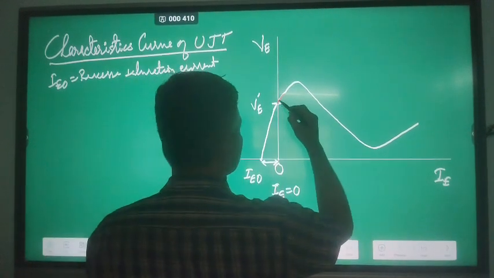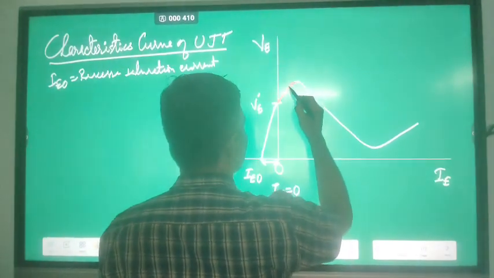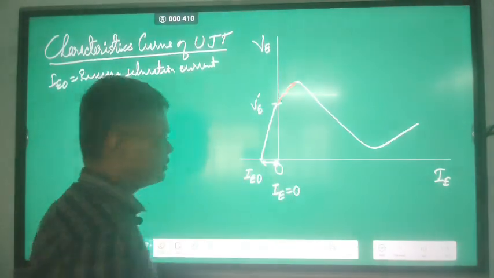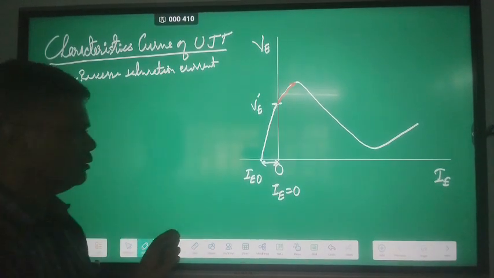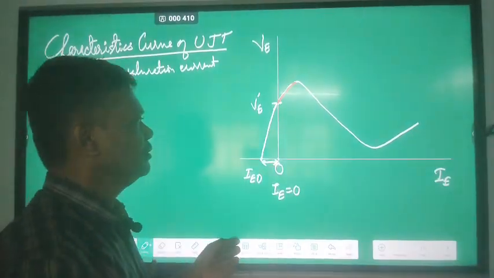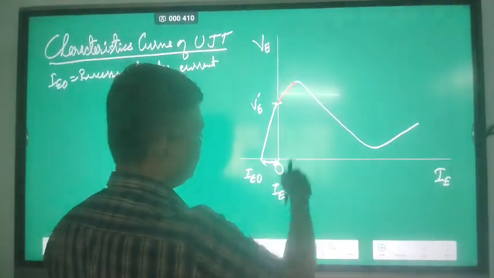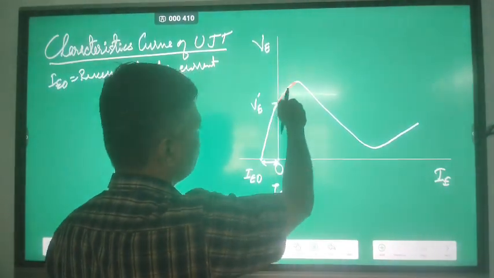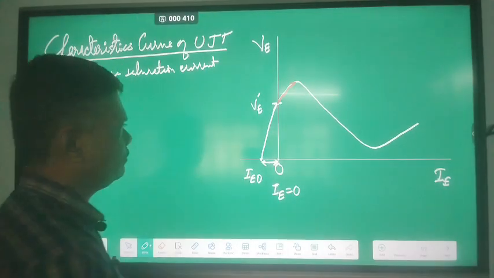So this is the portion where you are increasing the value of VE and the diode just starts conducting the current. So you are getting some current here, which is increasing linearly with the increase in VE.